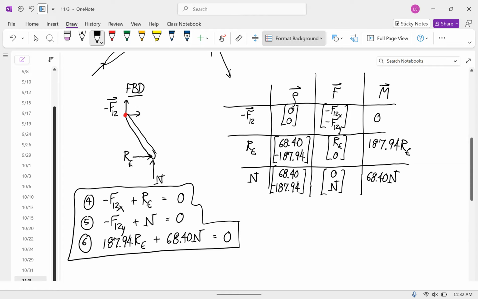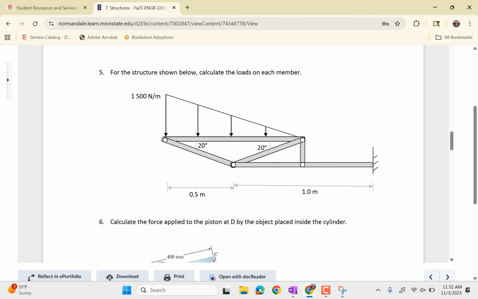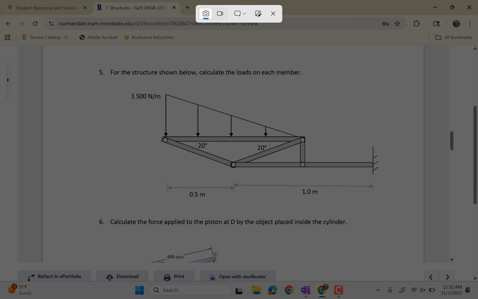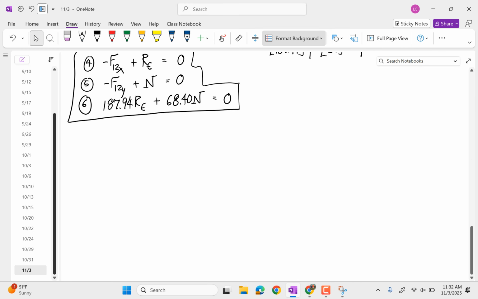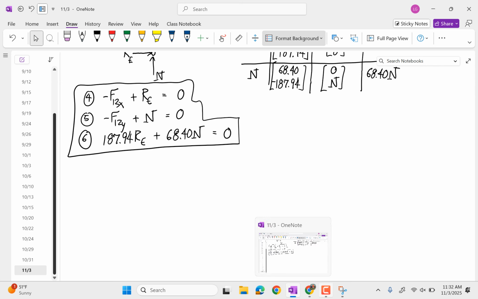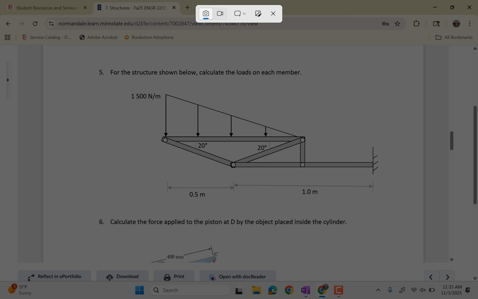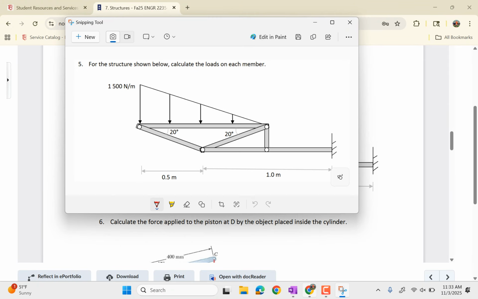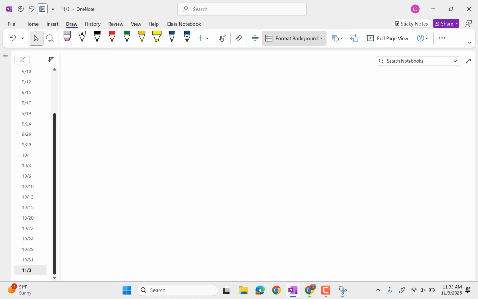I'll just go through the free body diagrams on those, sort of the thinking of all that. My computer's acting screwy today.